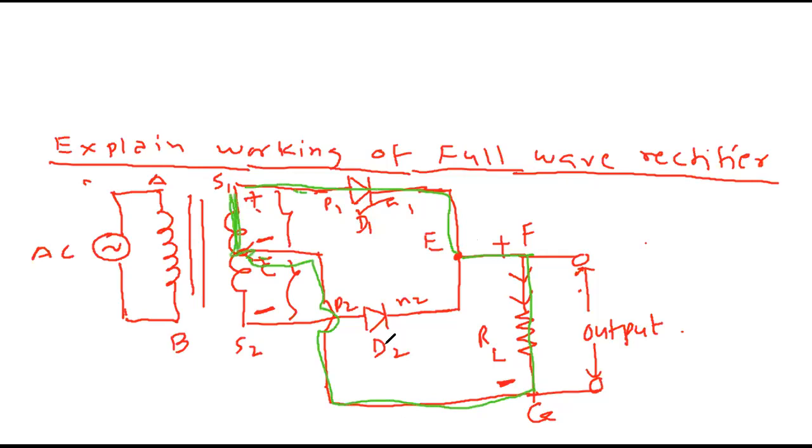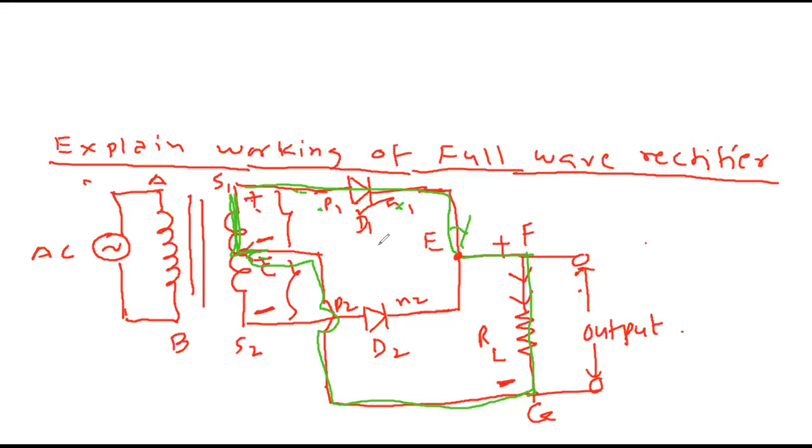So during this cycle, this part is not there. Current starts from P1, goes to N1, goes to E, then F, then G, from here C, S1. This one does nothing at that time.